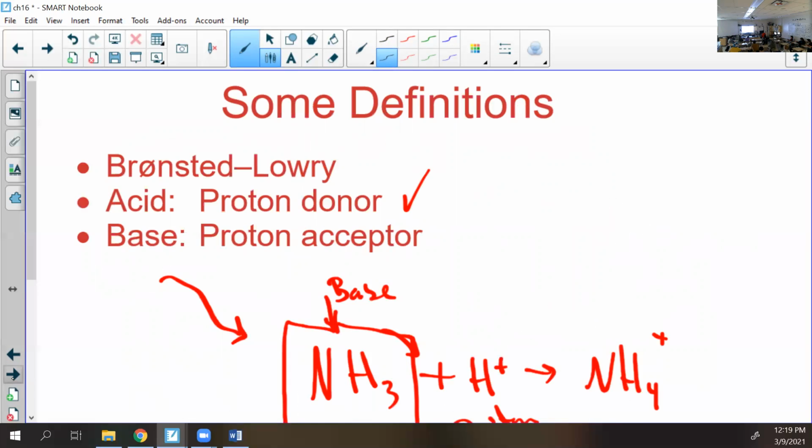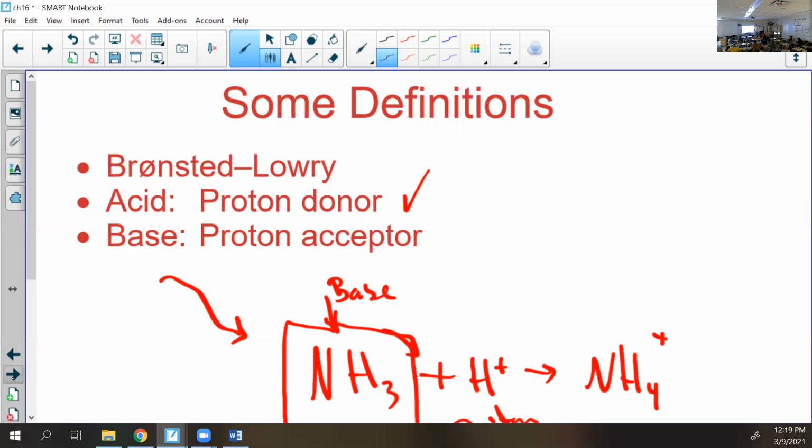All right. Bronsted-Lowry is slightly different. They both pretty much have the same idea, but a Bronsted-Lowry, and those are the names of 2 people that came up with this, they define an acid as something that donates a proton.